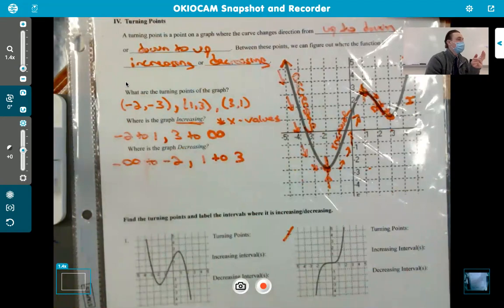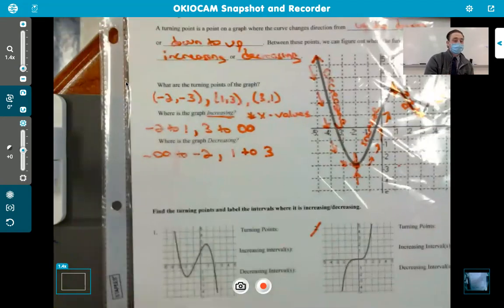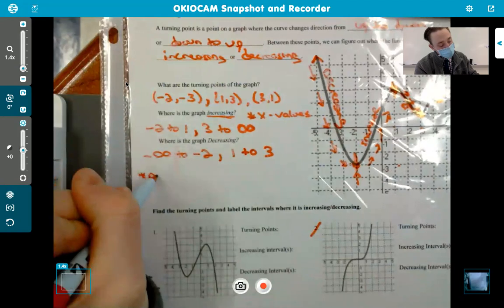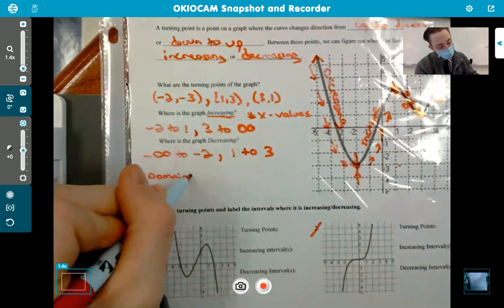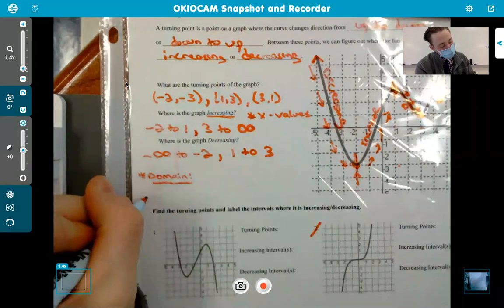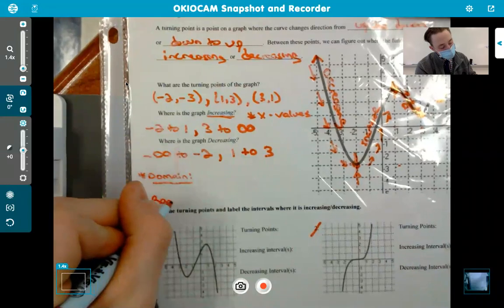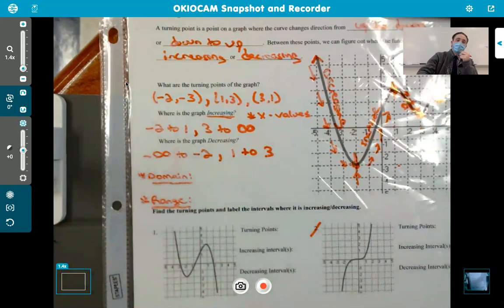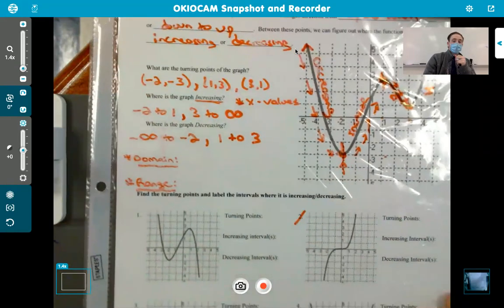The other two things that we want to discuss relating to graphs of polynomials, and you're going to see this throughout math in a lot of different areas, are what's called domain and range. Some of you may have heard these terms before.